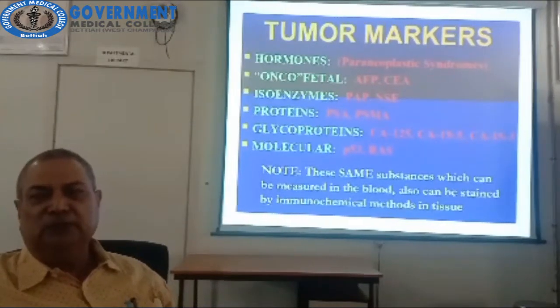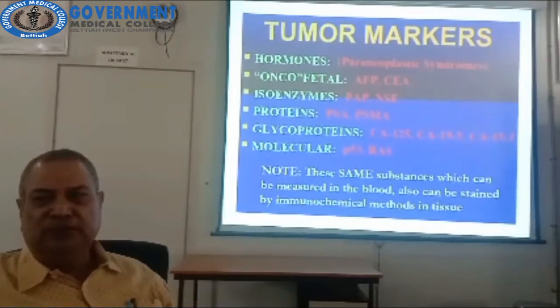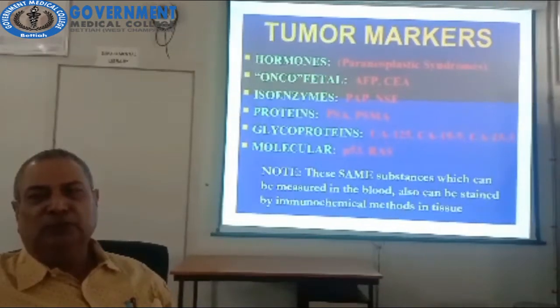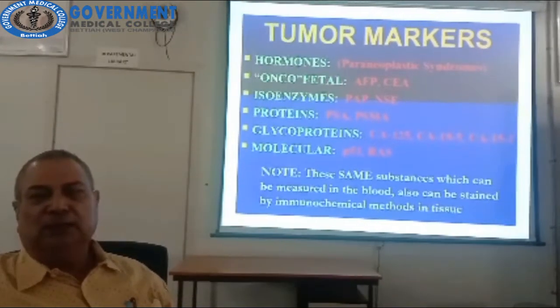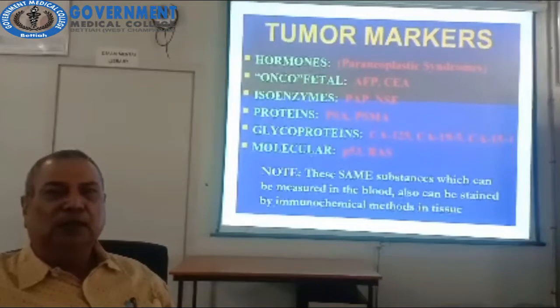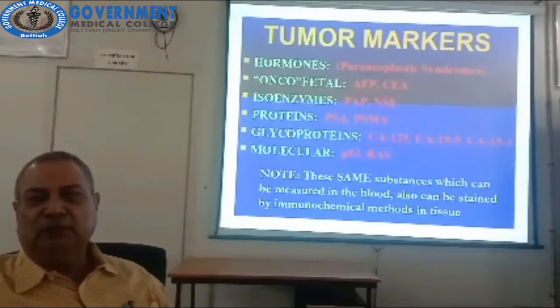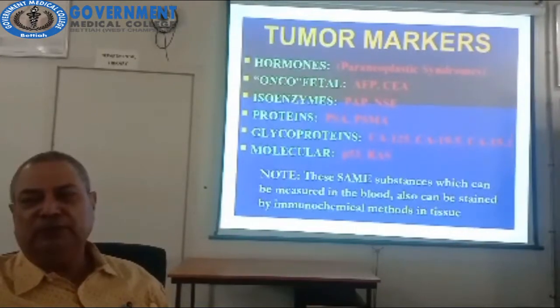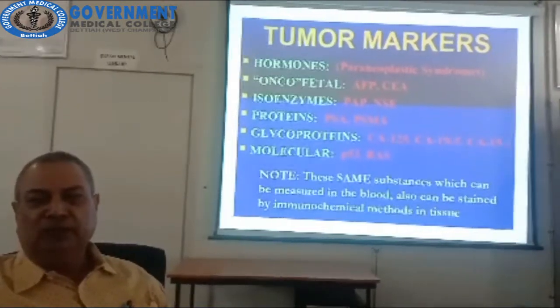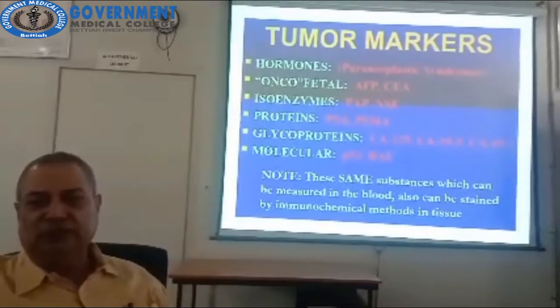Then isoenzymes, prostate acid phosphatase and neuron-specific enolase. Protein prostate-specific antigen and prostate-specific membrane antigen, PSMA. Glycoprotein CA125, CA19.9, CA15.3. Then molecular markers P53 and RAS.